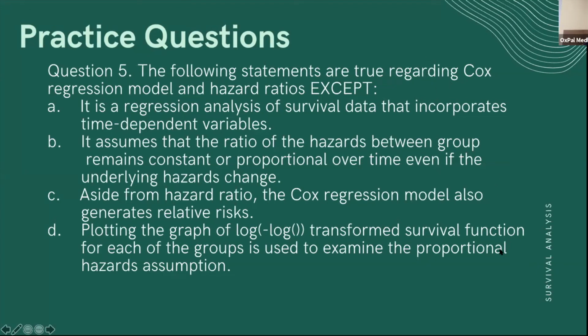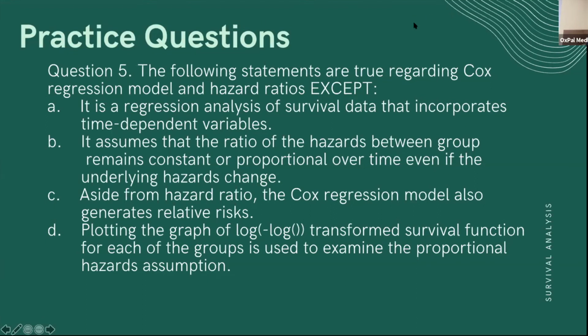About half of you said it's letter C, which is the false statement here: aside from hazard ratio, Cox regression also generates relative risk. This is the correct answer. Cox regression does not generate relative risk because relative risks do not incorporate censoring and the time element into their estimates.